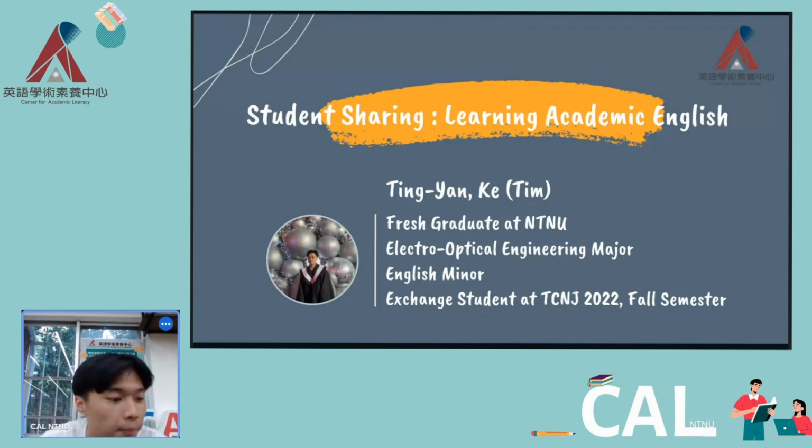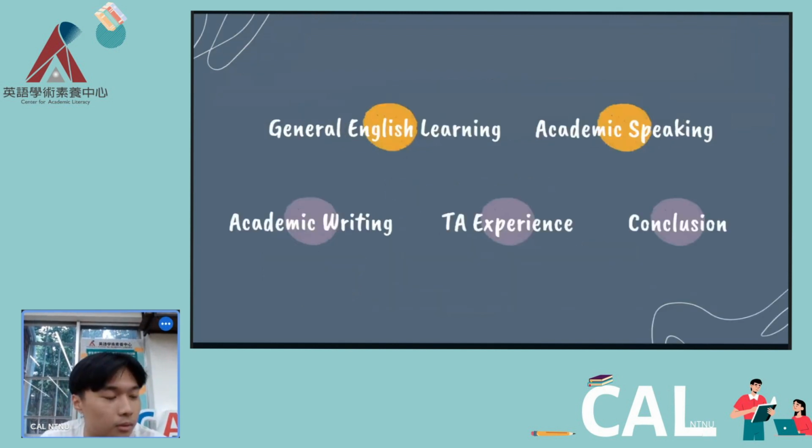I took guided courses in my English minor, and I would like to share with you what I've learned in the class. Today I'm going to talk about mainly 5 points. The first one is general English learning. I'll talk about what I've learned during the speaking classes and writing classes.